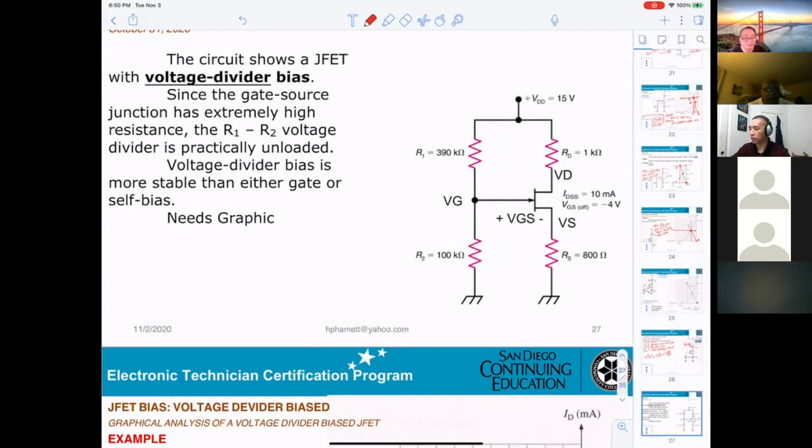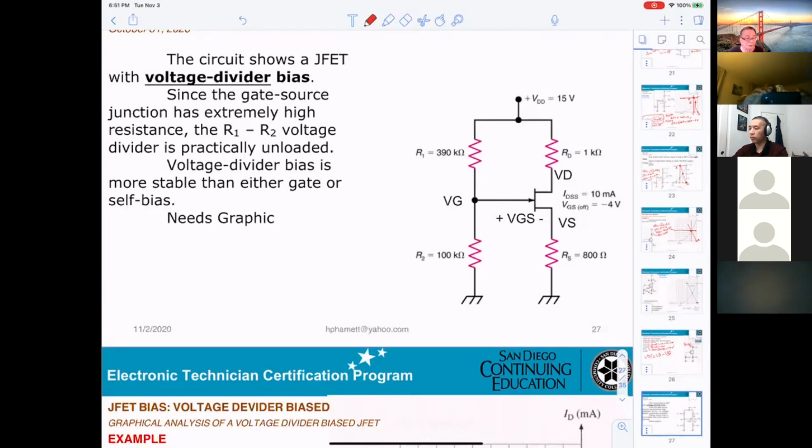Now you calculate, tell me what VG you get. VG will be equal to 15 volts times 100K divided by 100K plus 390K. 3.06, perfect.